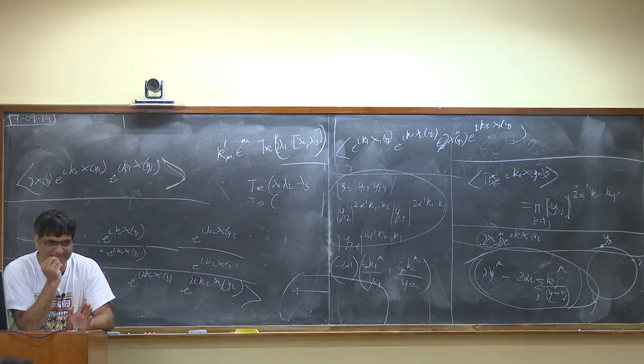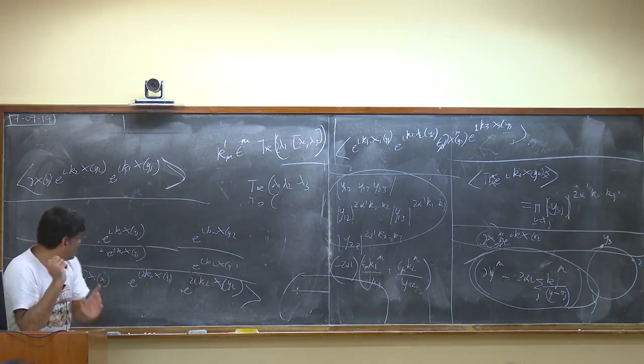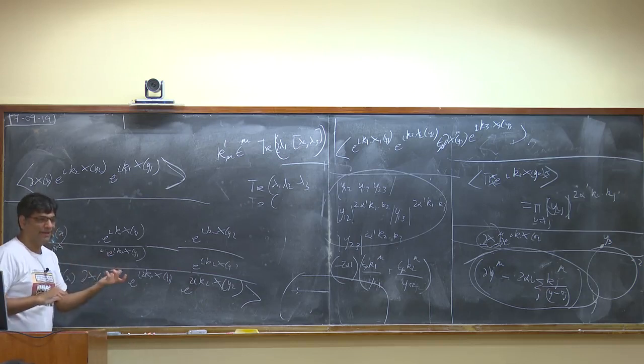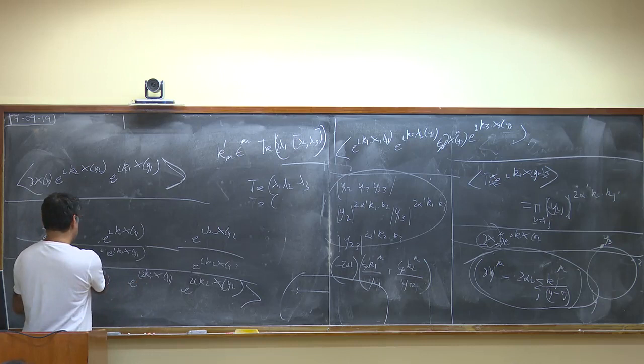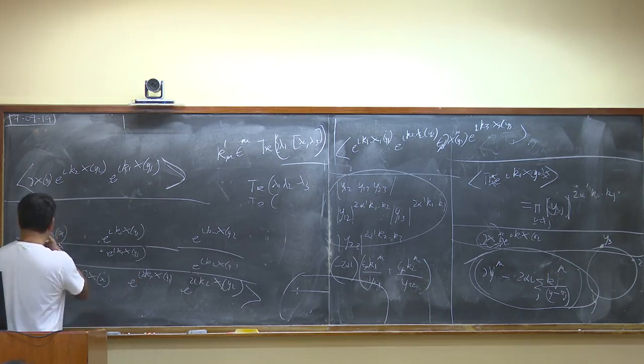Therefore that 1 by z was becoming the 1 by y. That had a sign. By the way, we're going to get two of these contractions.